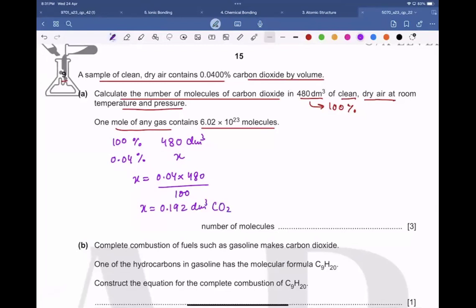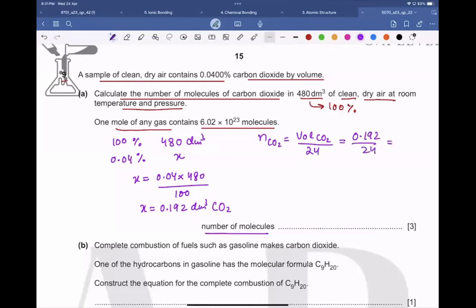So we have to convert this volume into the number of molecules. We know we convert every quantity into moles. If I have to find the moles of carbon dioxide, which formula can I use? The moles of carbon dioxide equals the volume of carbon dioxide divided by 24, because this volume is in decimeter cube. So 0.192 divided by 24.